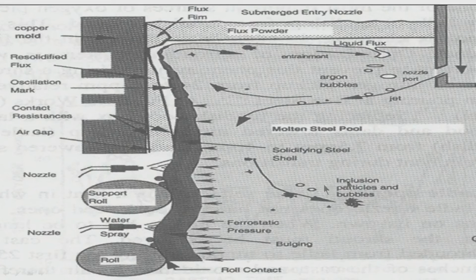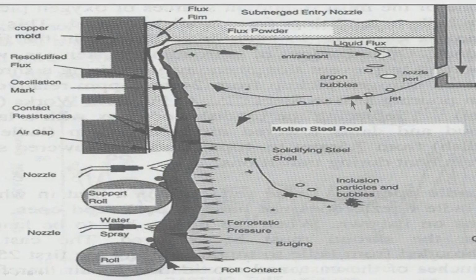So, below the mold, there are supporting rolls, and in between there is a water spray. Primary cooling is done in the mold, but when the shell is coming out of the mold, the shell thickness has to be sufficient, all of you know, otherwise there will be a breakout. So, the strength of the shell when it is coming out of the mold matters, because unlike an ingot mold, there is nothing at the bottom.